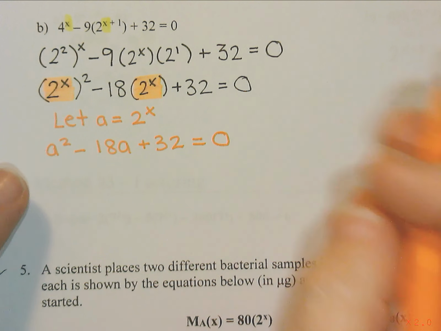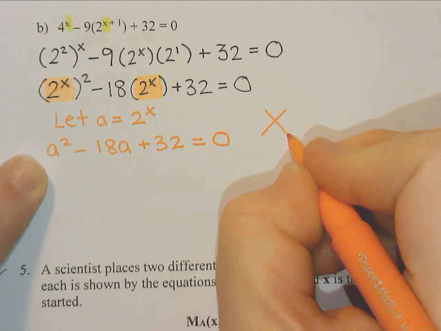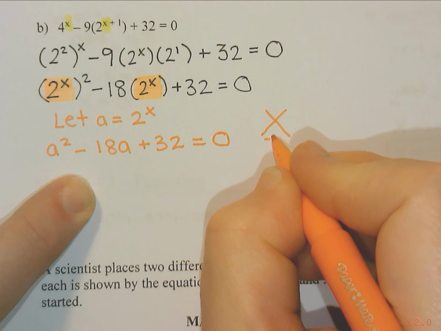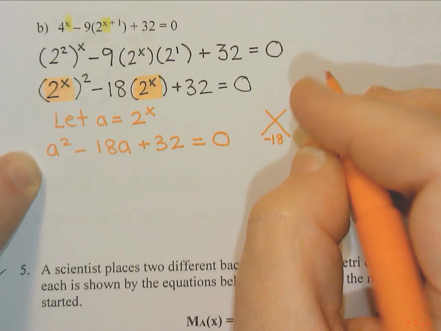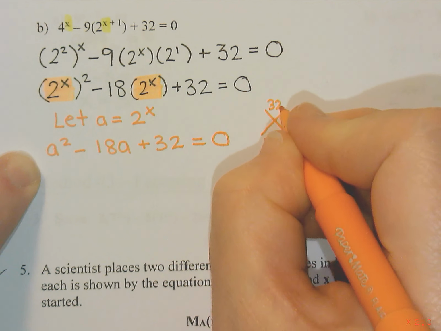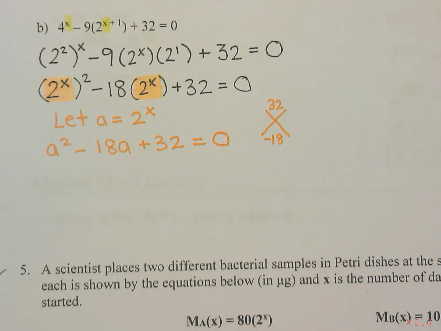So we are going to look for 2 numbers that would add to negative 18a that also multiply to the first and the last, so 32a squared. Things that make 32 would be 1 times 32. I cannot make an 18 out of that. 2 times 16.